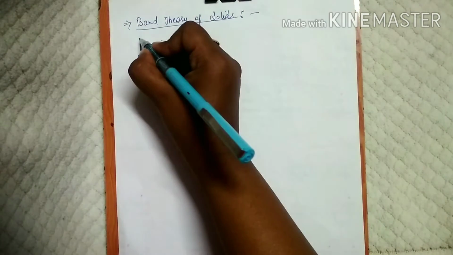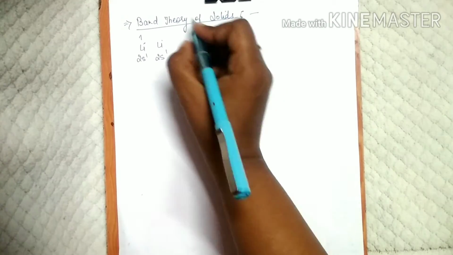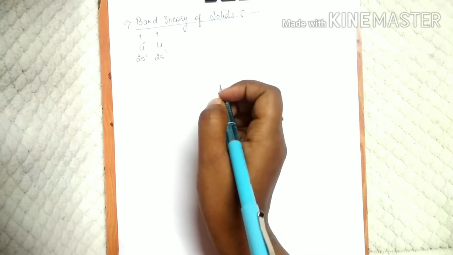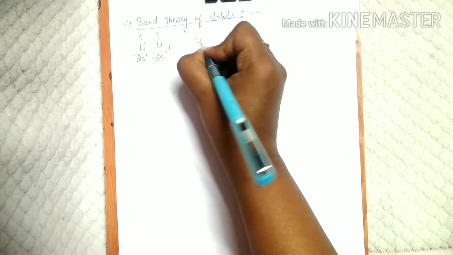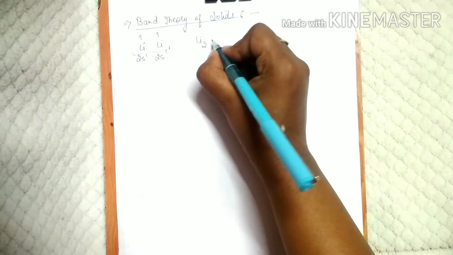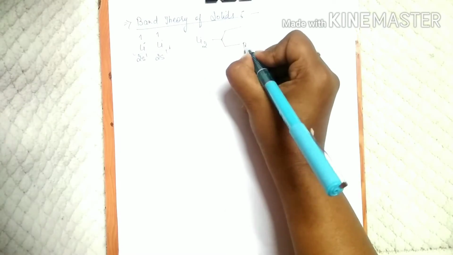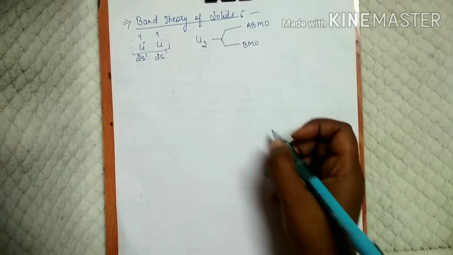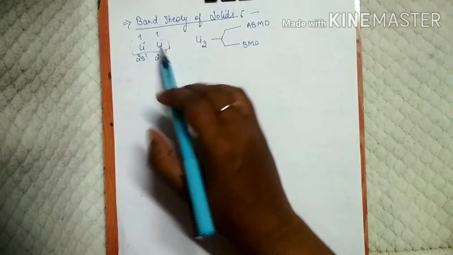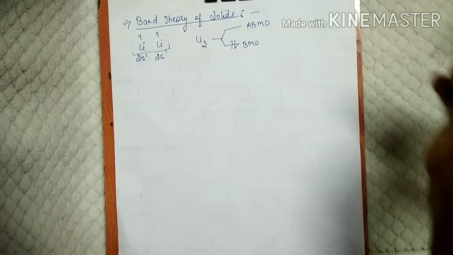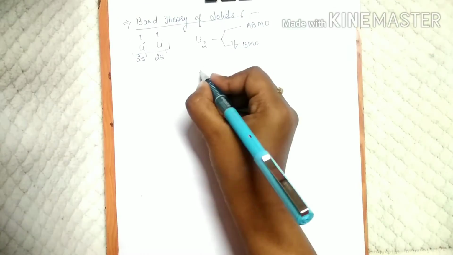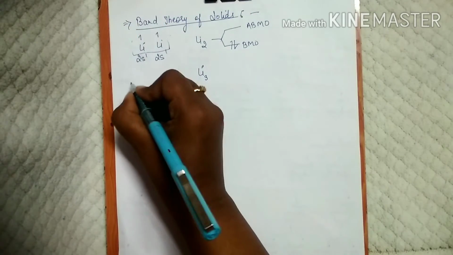That is, one electron is present in the valence shell of lithium and here also the same. So what happens if they combine to form Li2? Then there will be one bonding molecular orbital and one anti-bonding molecular orbital. There are a total of 2 electrons that will be present in the bonding molecular orbital, right? Suppose now there are 3 Li atoms.